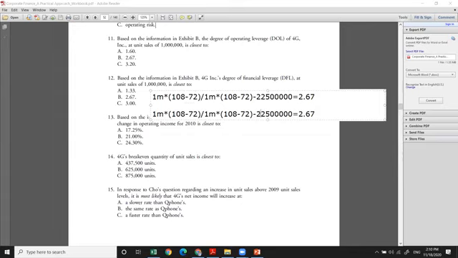So in here, I do subtract. Let me put this bracket. And from here, I subtract the financing cost, and the financing cost is 9 million.